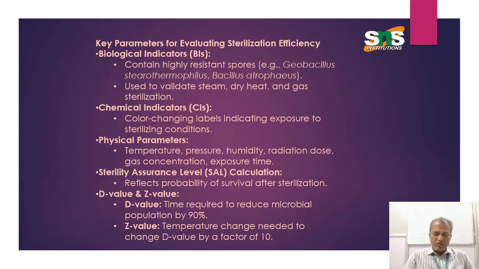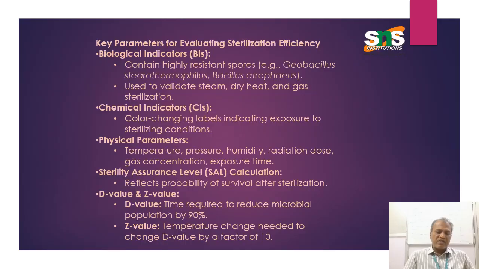Next, of course, we know the physical parameters: temperature, pressure, humidity and radiation dose, which is only for the radiation area. Next, gas concentration, for example ethylene oxide, and exposure time, how long the products are exposed to the sterilization process. Next, the SAL calculation.